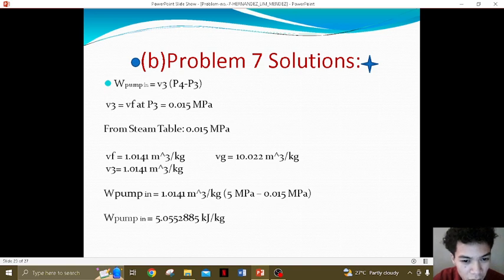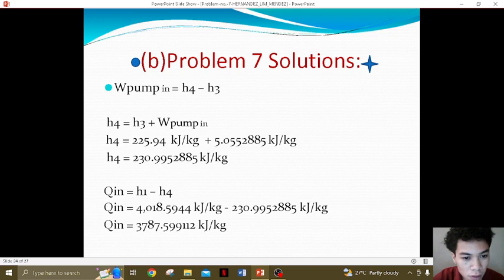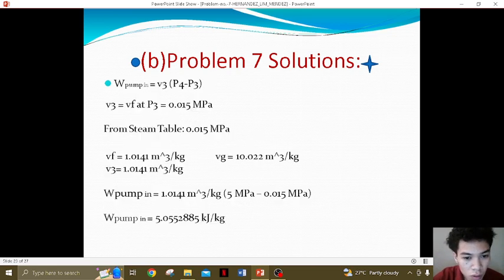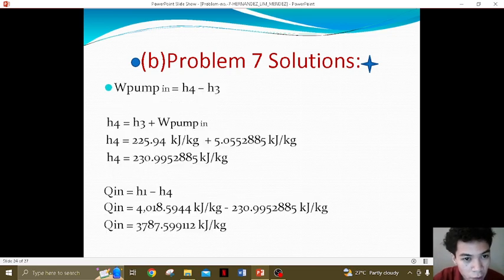So substituting, the work pump in is equal to 1.0141 m³/kg times 5 MPa minus 0.015 MPa. So you'll have the answer of work pump in of 5.0552885 kJ/kg. So here, the work pump in is H4 minus H3.